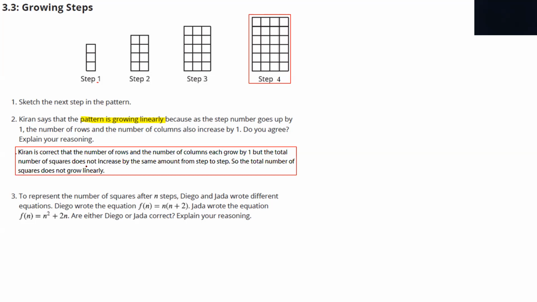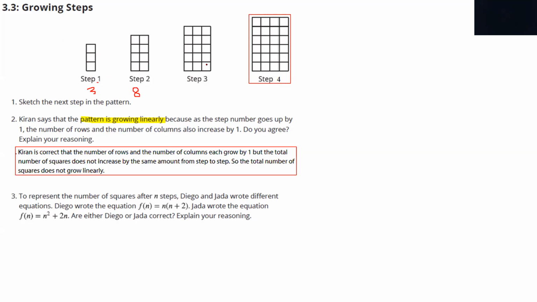So the total number of squares does not grow linearly. So Karen is actually wrong. Even though it is growing an extra column and 1 more row, we are not growing by the same number of squares. Step 1 has 1, 2, 3 squares. Step 2 has 2, 4, 6, 8 squares.